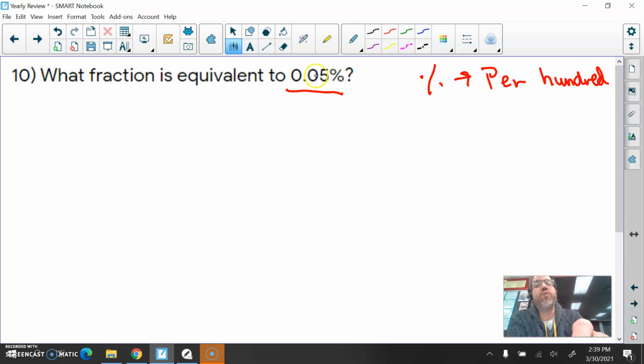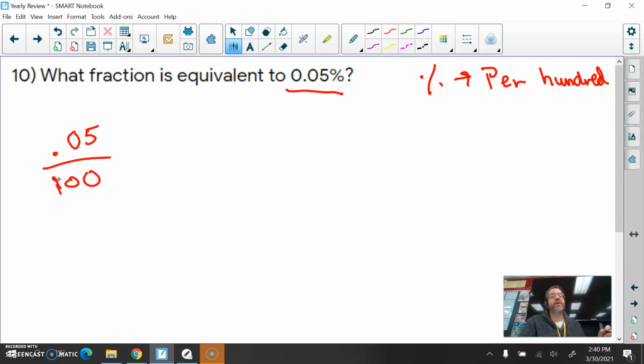Okay, so if you want, you can write this as a fraction by just taking 0.05, putting that over 100. It's really that simple because that's what percent means. It means per 100 or out of 100. Except I have a problem here. I don't want a decimal inside of my fraction.